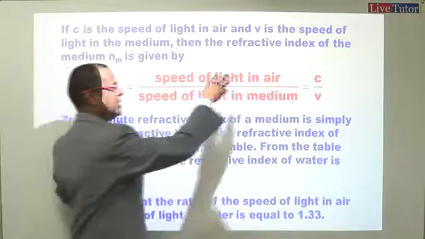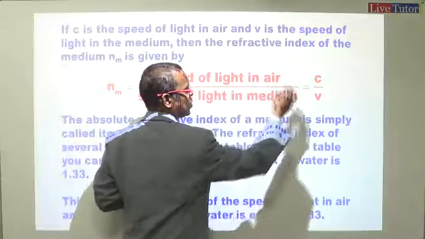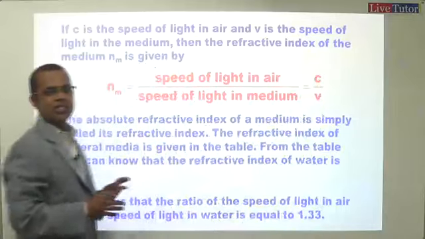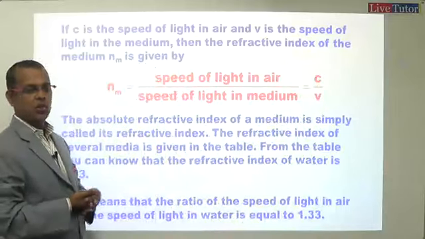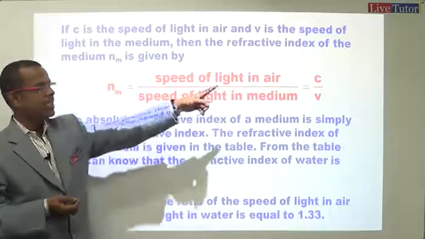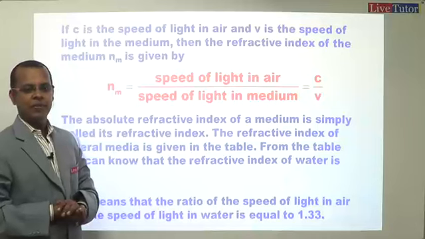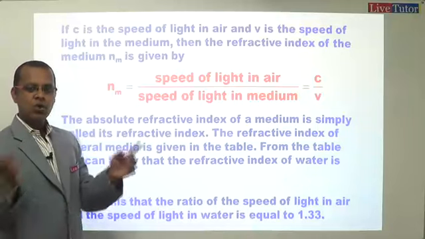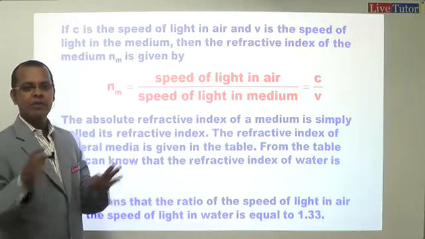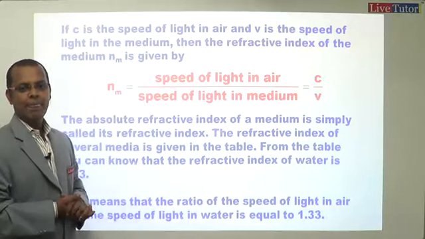So we are comparing the speed of light in air with the speed of light in the medium. So mu is nothing but the refractive index of the medium, given by c by v. If it is two different media we will say v1 by v2. Here we are talking about air, so it should be written as c by v.